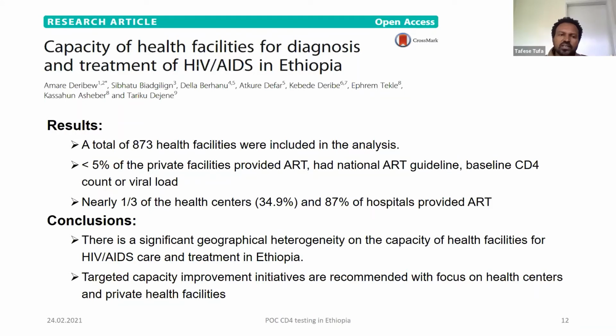The recommendation was improving the capacity to reach rural areas, and also to expand to private health facilities. So in general, there is a significant difference in HIV and ART service based on geography or location.